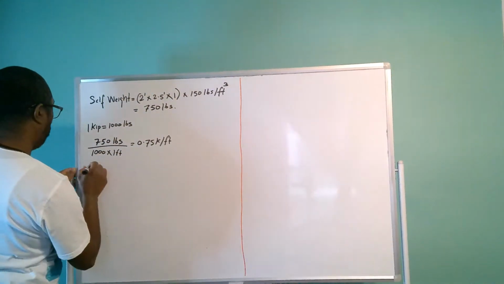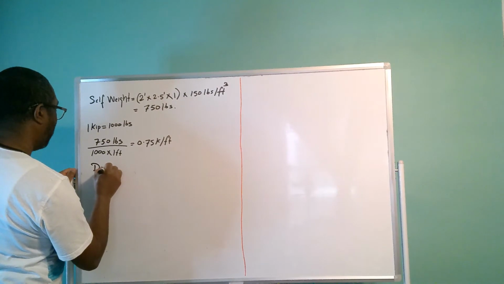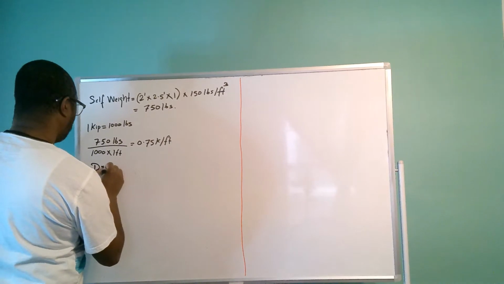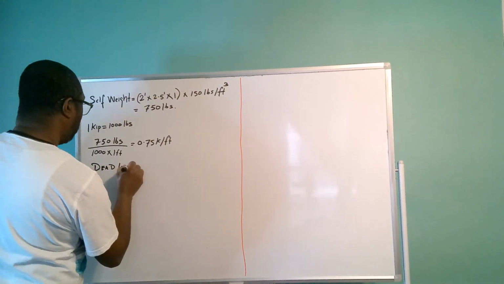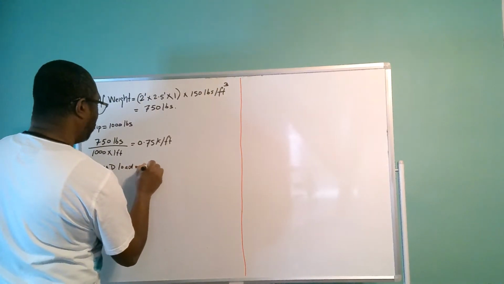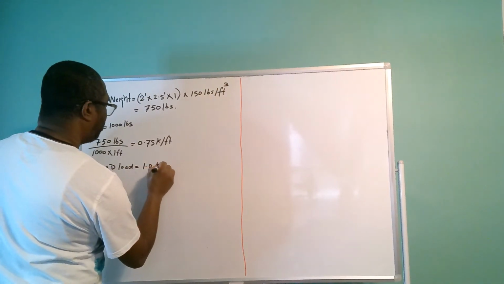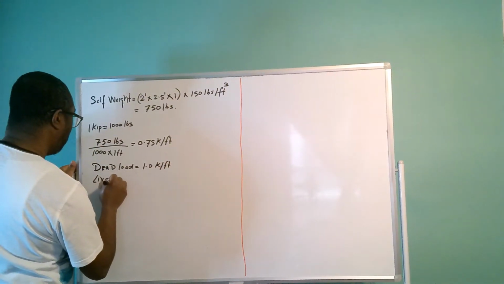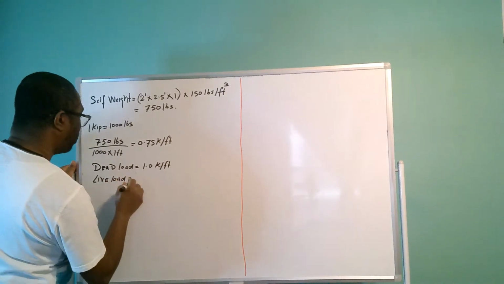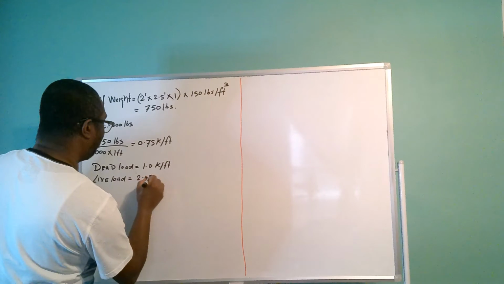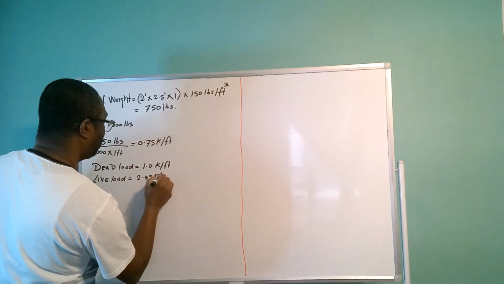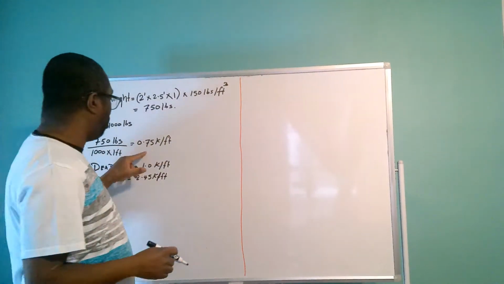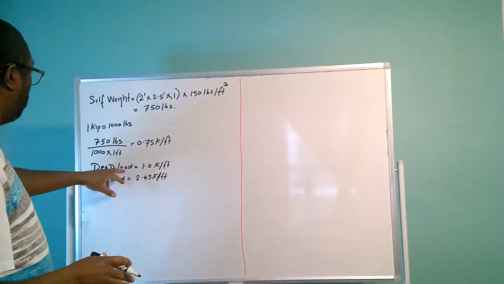So we know that the dead load on the beam is equal to 1.0 kips per foot, and the live load is equal to 2.45 kips per foot. So we can add this 0.75 kips per foot to our dead load of the beam.